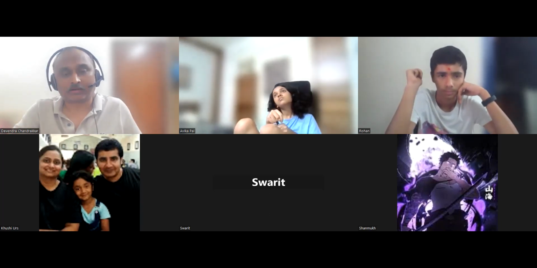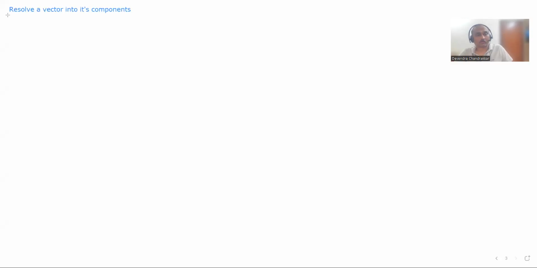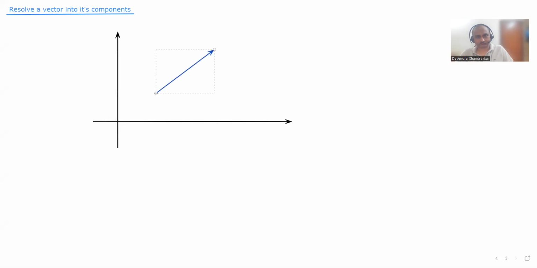So how to resolve a vector into its components? Now pay attention. Here we have the y-axis and x-axis. Now this is the vector which we have. Let's call this vector our friend, r vector.